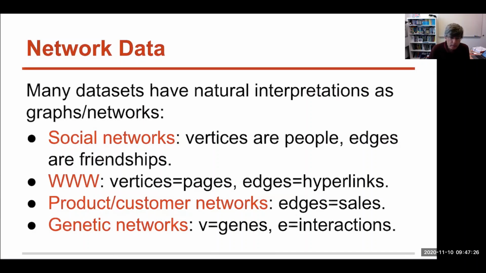There is a related area of data that is in many ways a lot like dealing with nearest neighbor methods, that has to do with network data. A lot of data in the world can be represented as graphs or networks. And a lot of the things that people call data science are really working with network data.